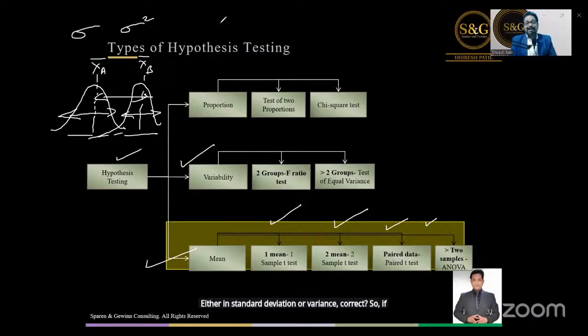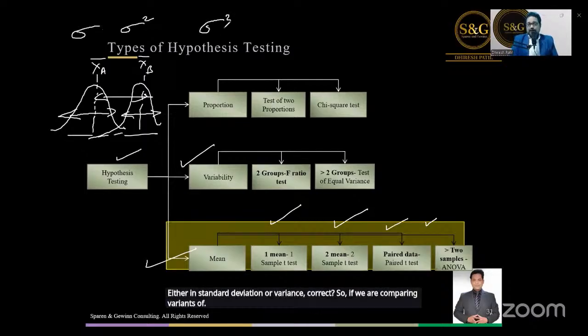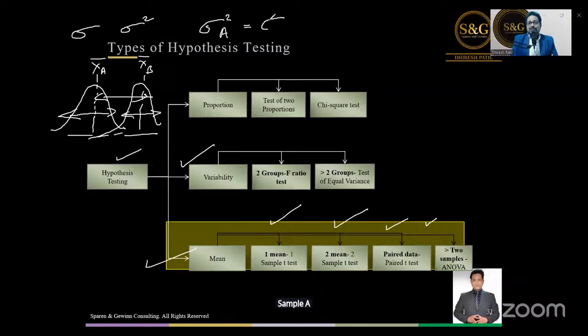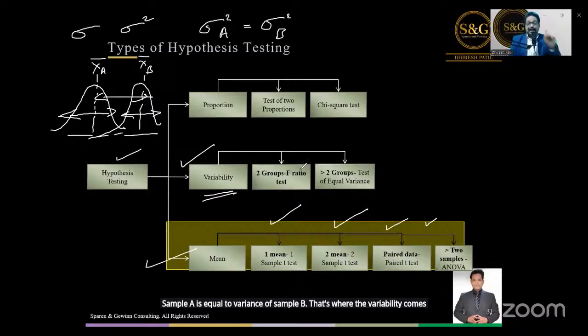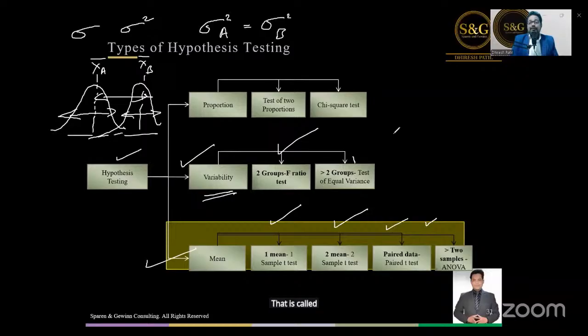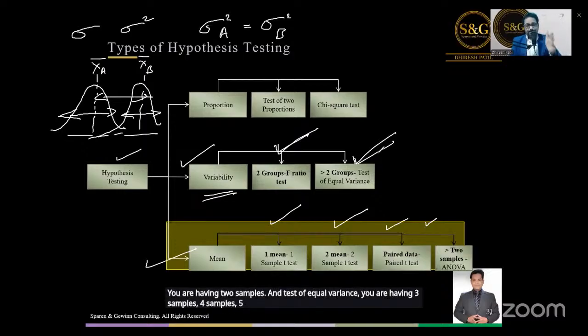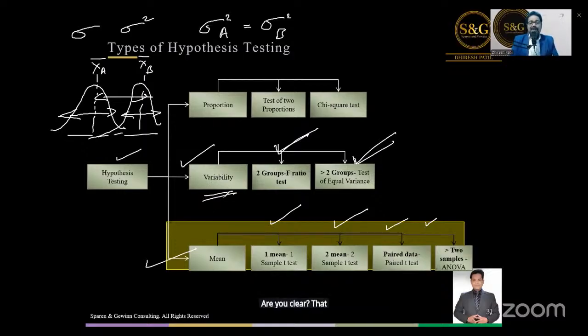If we are comparing variance of sample A to variance of sample B with 2 samples, that is called F ratio test. If you are checking more than 2 samples, like 3 or 4 samples, that is called test of equal variance. Are you clear?